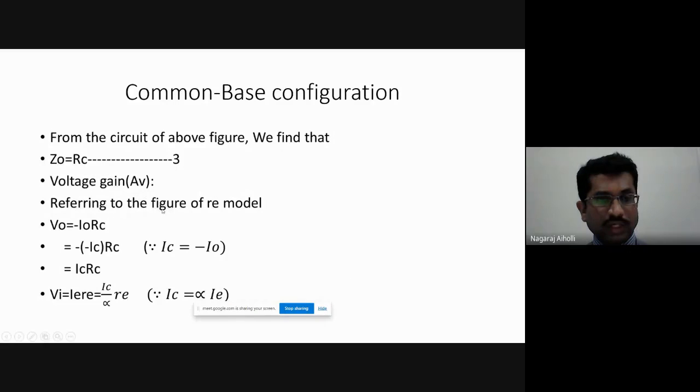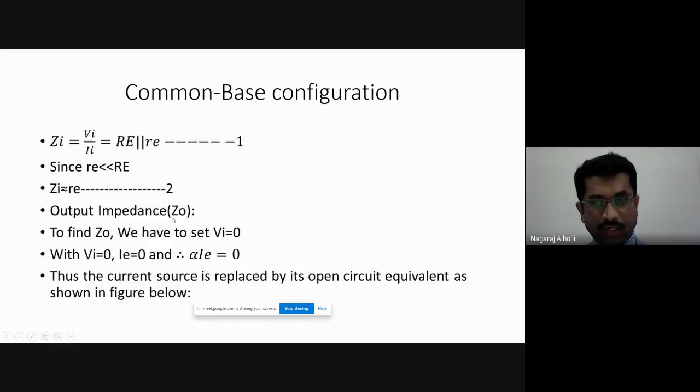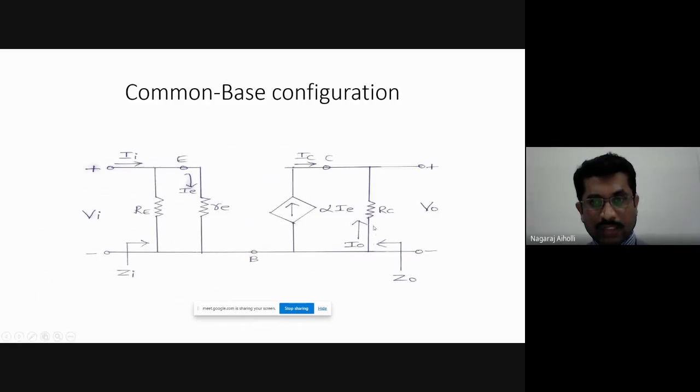If we look into the above RE model, V naught is given by the RE model. V naught is equal to minus I naught into RC. Because current entering positive, current leaving negative, positive to negative: minus I naught RC minus V naught equal to 0, or V naught is equal to minus I naught RC.